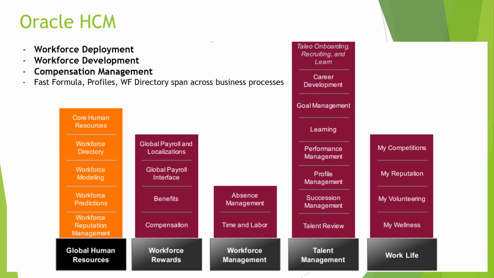Workforce predictions, again, modeling and predictions come hand in hand based on the data that you collect for your employees. You can predict what person may be a good person for promotion or who may be on the line to resign or maybe thinking about moving out of the company. So a lot of those things are now available as features within Oracle Cloud Services.